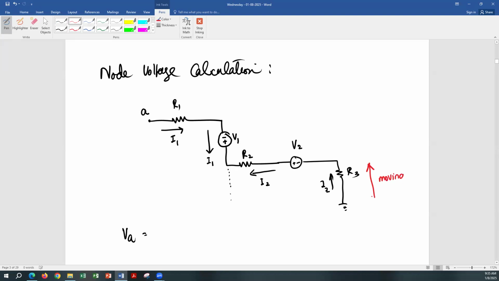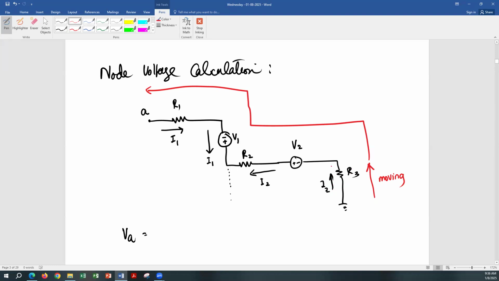So I'm moving in this direction from the ground to node A. This is my destination, and this is my starting point. So I'm moving in the same direction current I2 is moving.